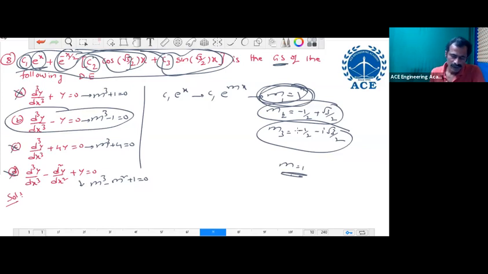Next, we write the direct formula also. In the next page, we write this formula.